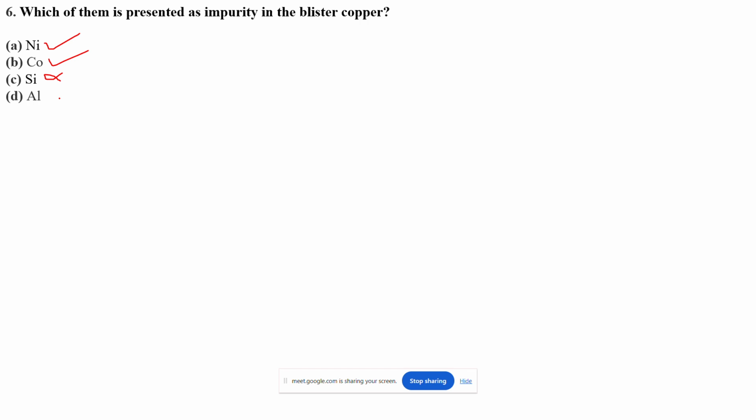On the other hand, Al also reports to the slag phase in the form of Al2O3.SiO2, or Al2O3.SiO2.CaO if we are using limestone as a flux material for proper reaction or to decrease the viscosity of the slag formed during the pyrometallurgical operations.